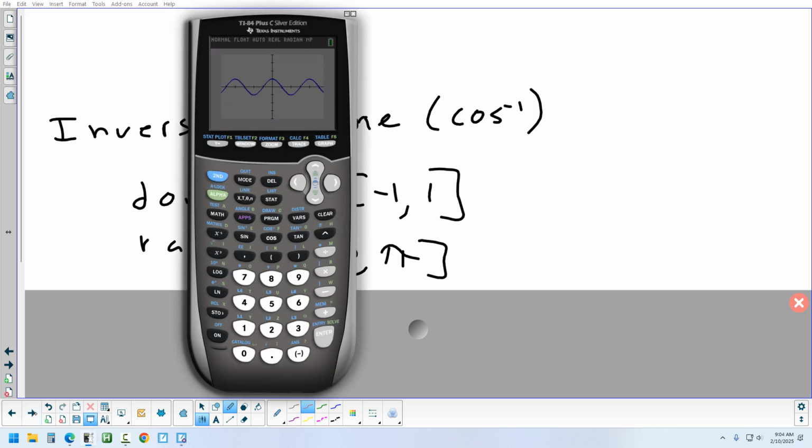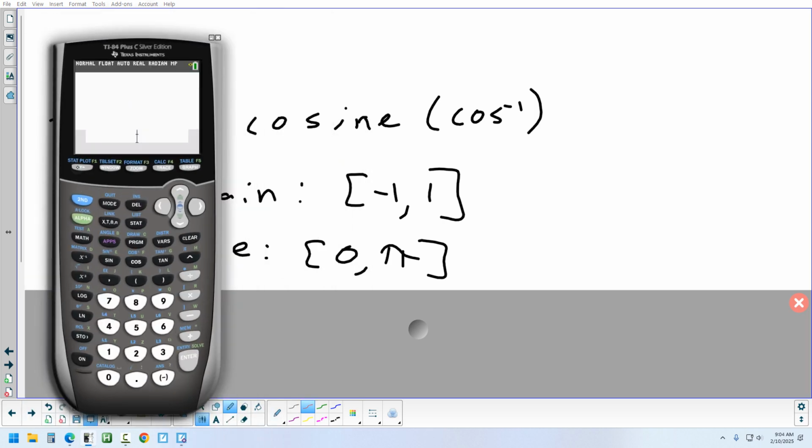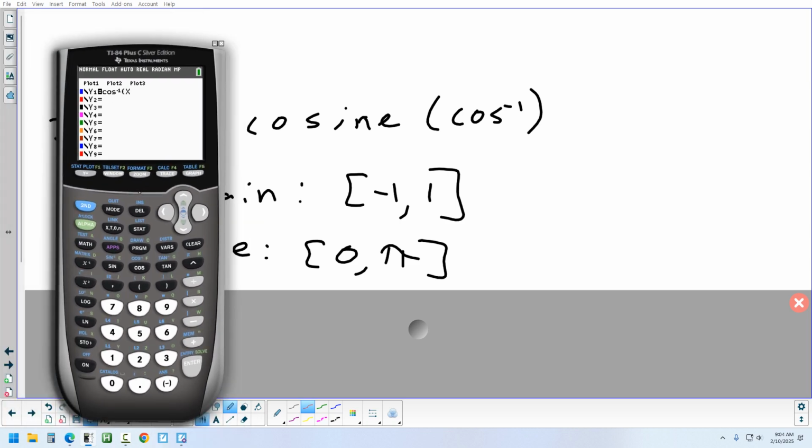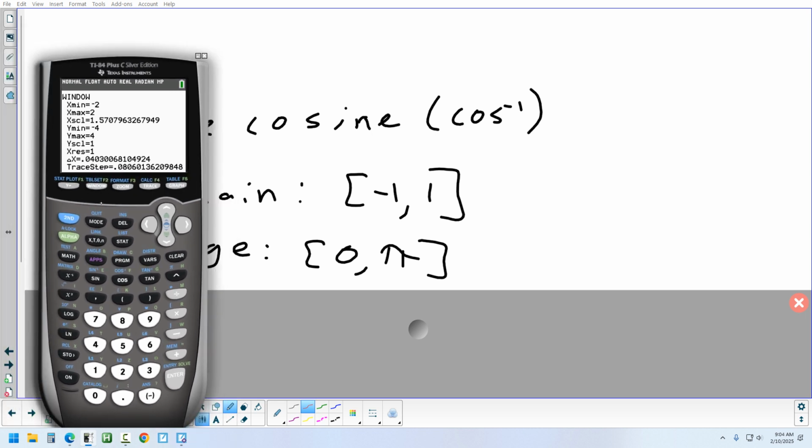All right, so now I'll do a quick graph of that so you can see it. Let's do inverse cosine. Okay, domain, I'm going to do -2 to 2 just to have a little bit of extra space on the sides. And range is 0 to 3.14. I'll just go -0.5 to 3.5, gives me a little extra.